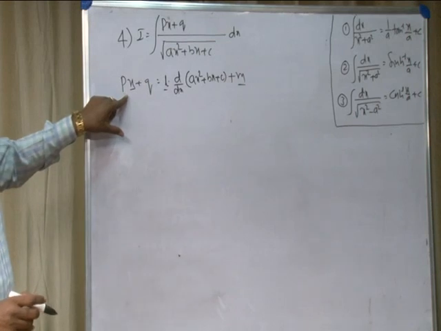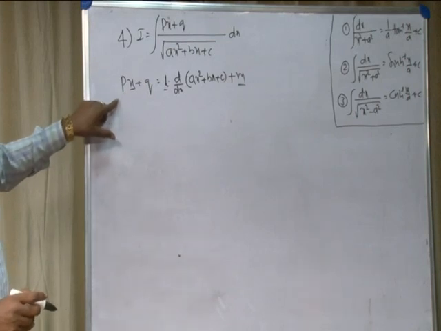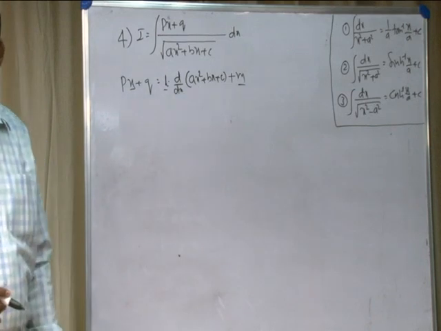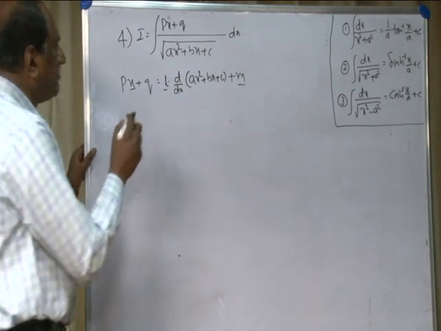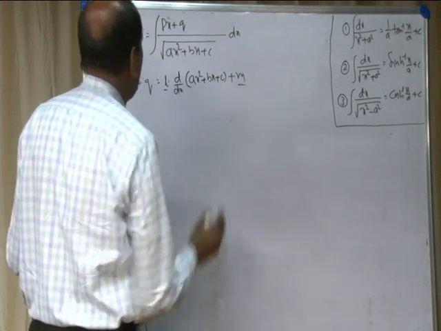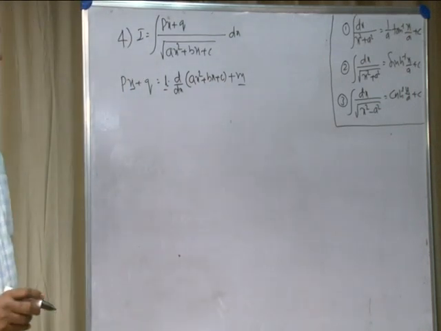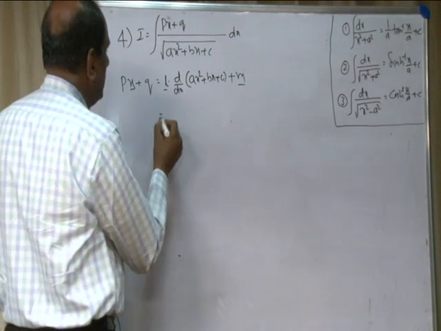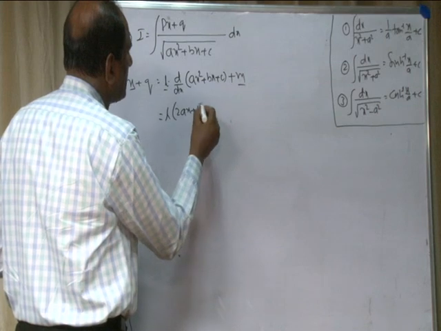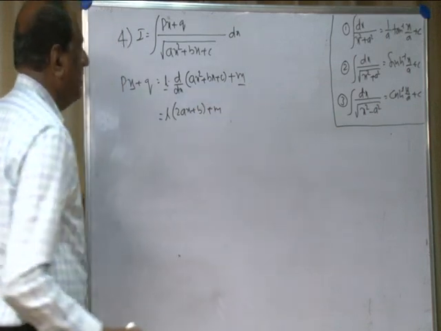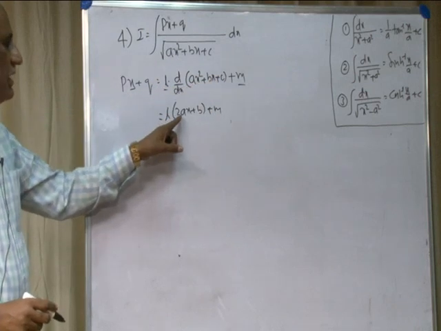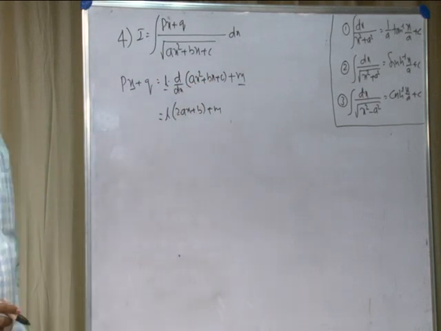Compare and find the values. That is, L into d by dx of (ax² + bx + c) plus m equals L into (2ax + b) plus m. After differentiating ax² + bx + c, you are getting 2ax + b.